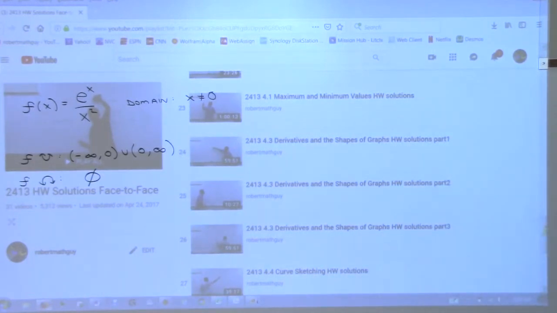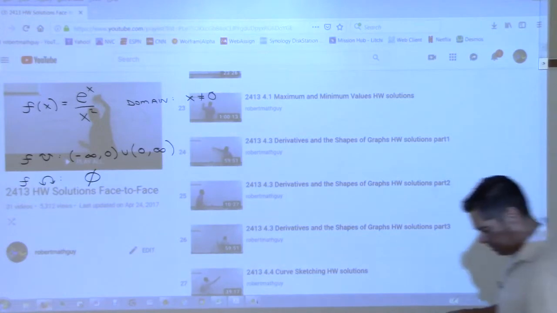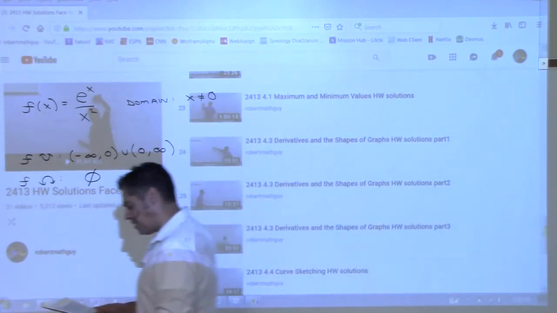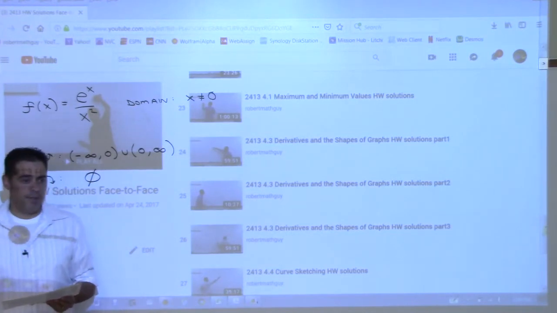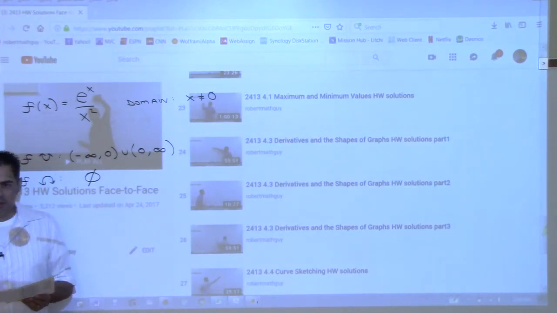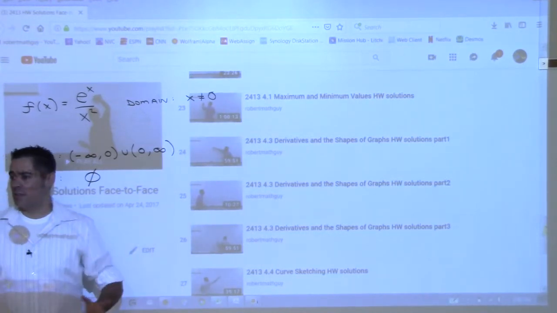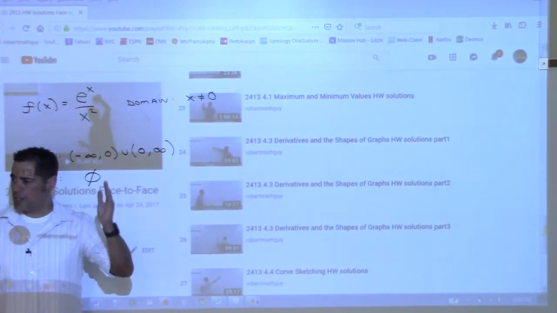So your test that is scheduled for May 2nd, there's 2 more sections before that test. 4.4, which is curve sketching, where we put everything together. I give you a function, I ask you to sketch it.